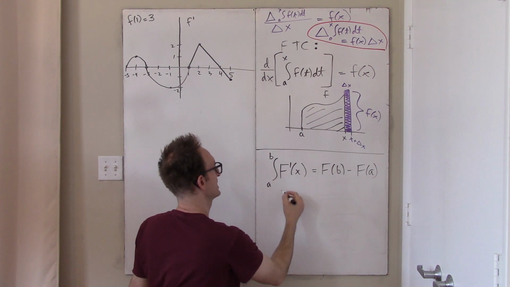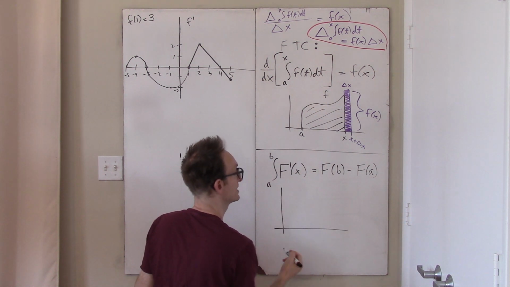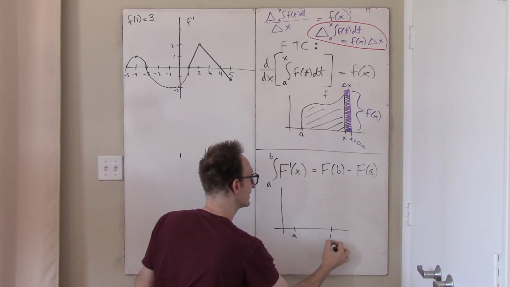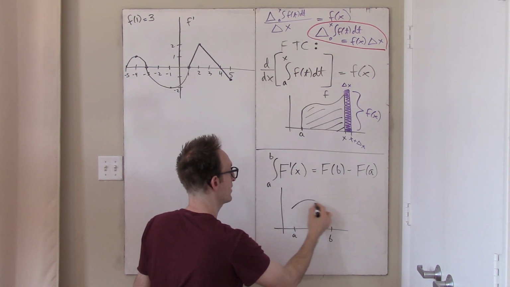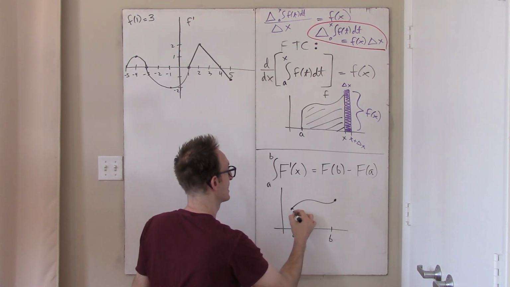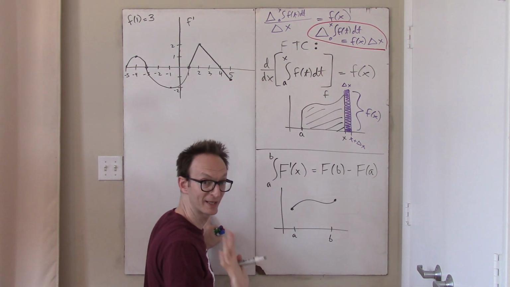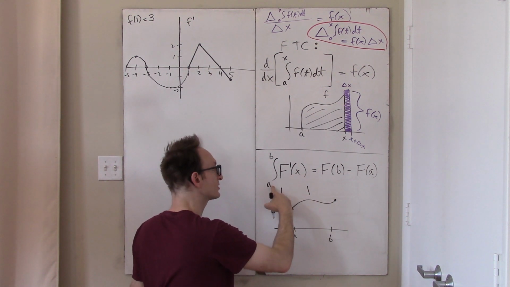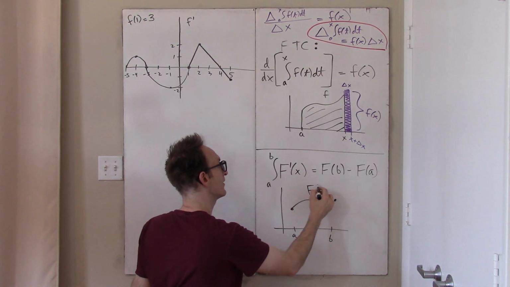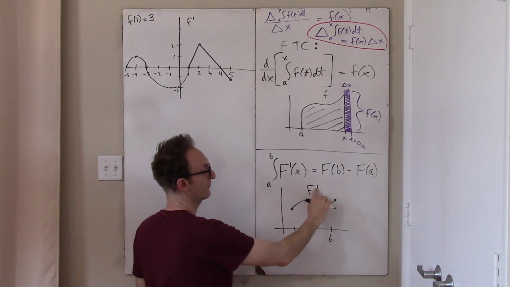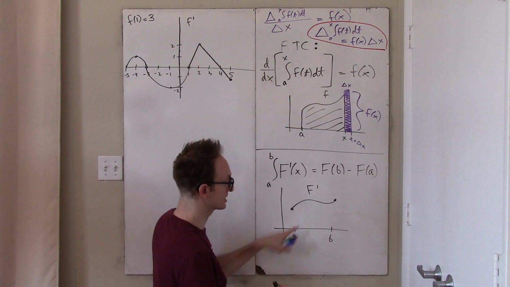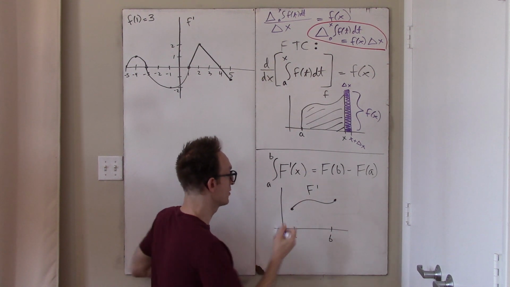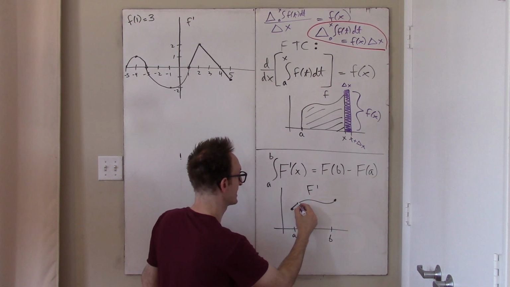And the common sense geometric proof for this, which makes it in some ways just obvious, is that if you have some function, f, not depicted, and you want to know the integral of the rate at which that function is changing, then if you know the rate at which that function is changing, say this is a graph of f prime, then what I do is draw some rectangles.